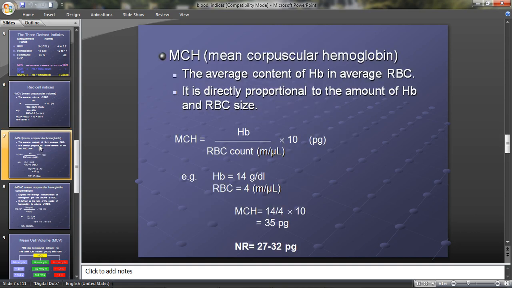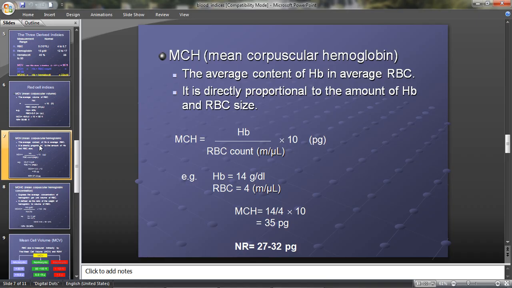Mean corpuscular hemoglobin, MCH. The average content of the hemoglobin in average RBC. It is directly proportional to the amount of the hemoglobin and RBC size.